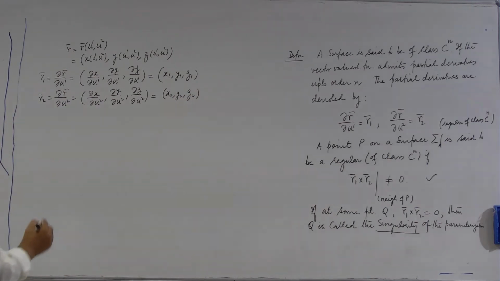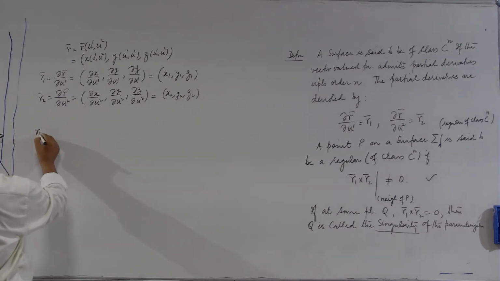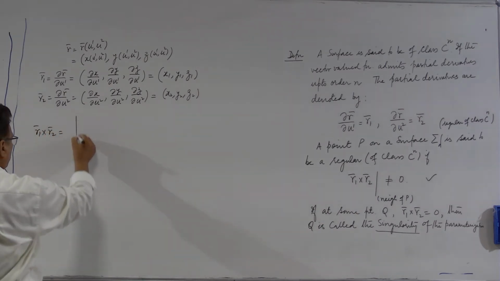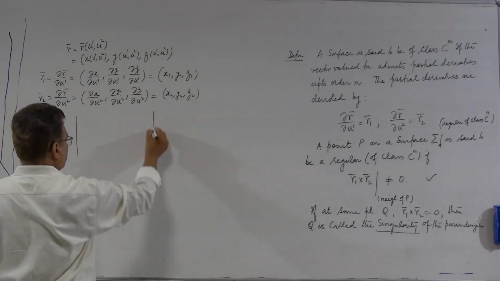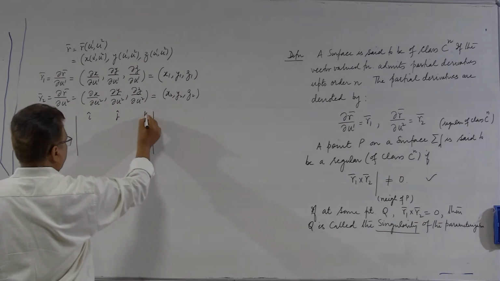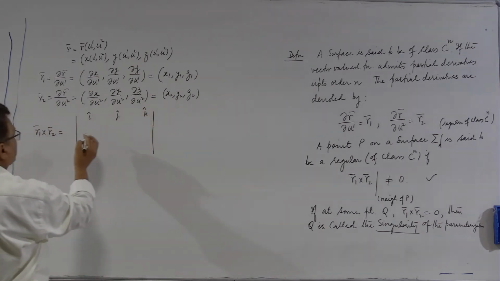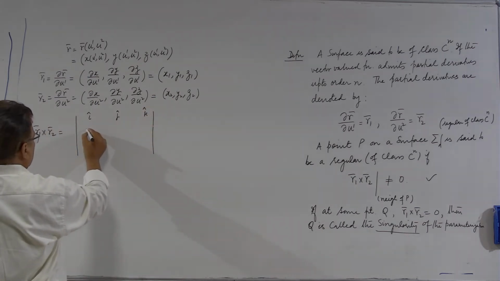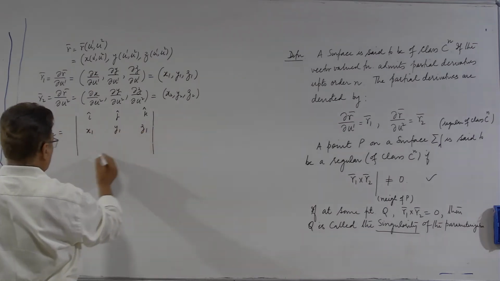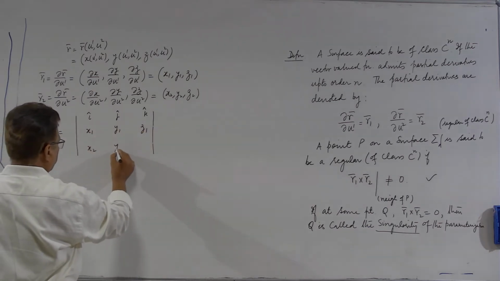Now, you can compute the cross product of r1 and r2 in the usual manner. It will be the determinant with i, j, k in the first row, components of r1, that is x1, y1, z1, and then x2, y2, z2.